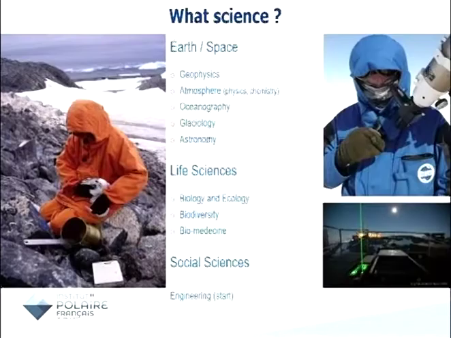What type of science do we support? So you will find the main big families, so Earth and space science, life sciences, and social sciences. Earth and space science, we have quite a lot of activities related with geophysics, like seismology, magnetism, gravimetric measurements done in different stations.